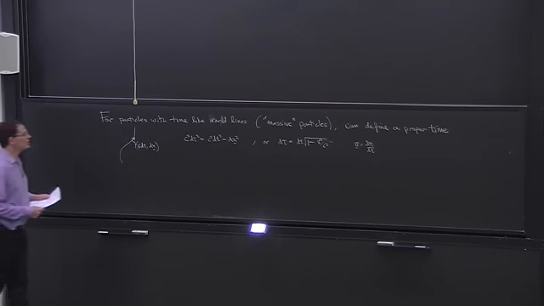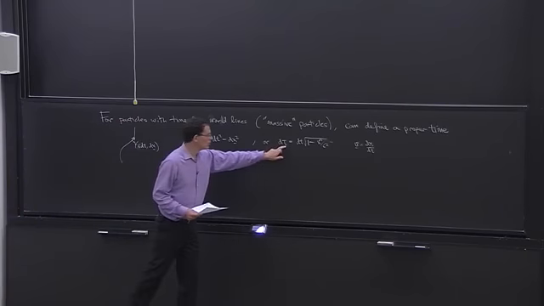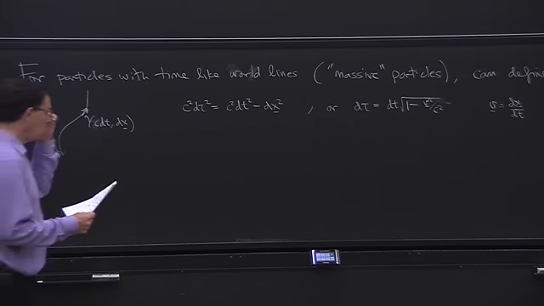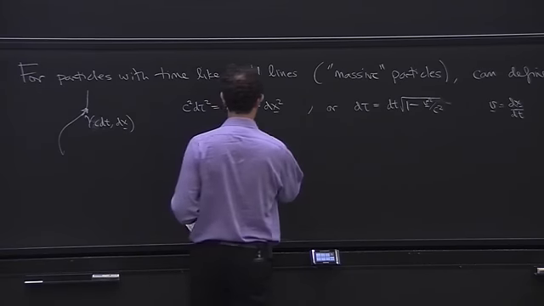So for massive particles, we can define this quantity τ, and τ is then a parameter along the world line.